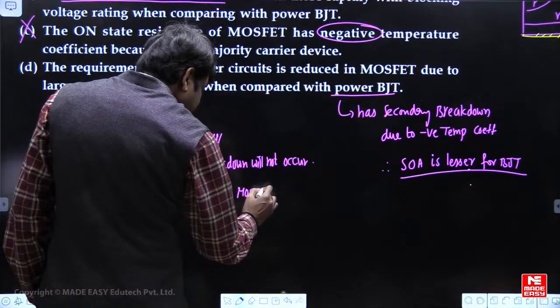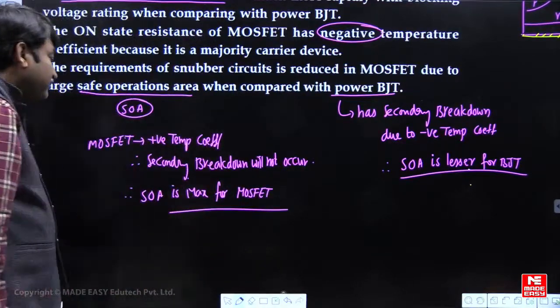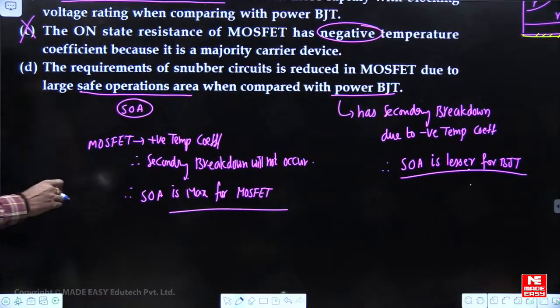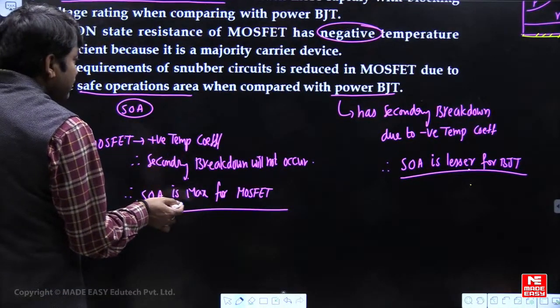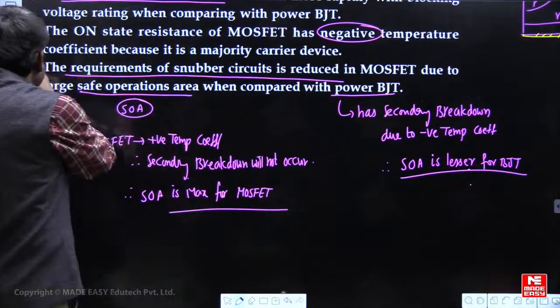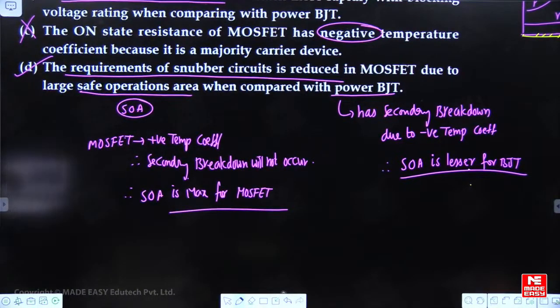So that is why the requirement of snubber circuit is reduced in MOSFET. Because the safe operating area is more in MOSFET, the requirement of snubber circuit is reduced. So statement D is also a right statement.